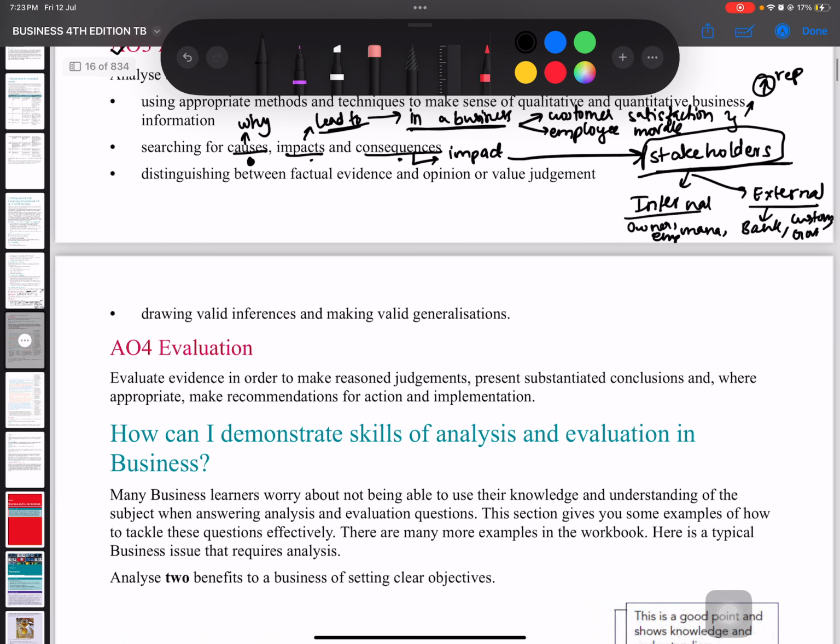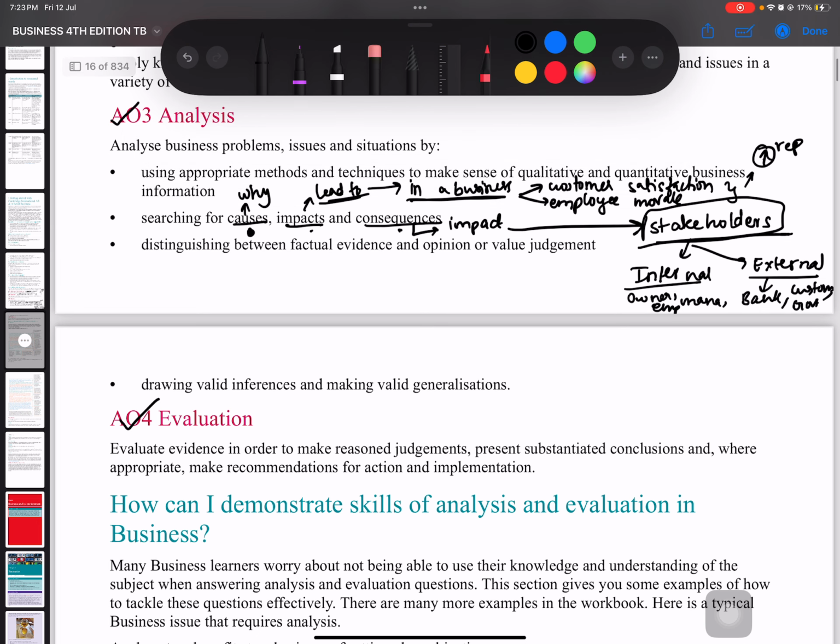And the last, final skill is evaluation. Evaluation is all about finding a limitation in your analysis. That is basically saying that your analysis may be proven correct, but it depends on other factors as well.